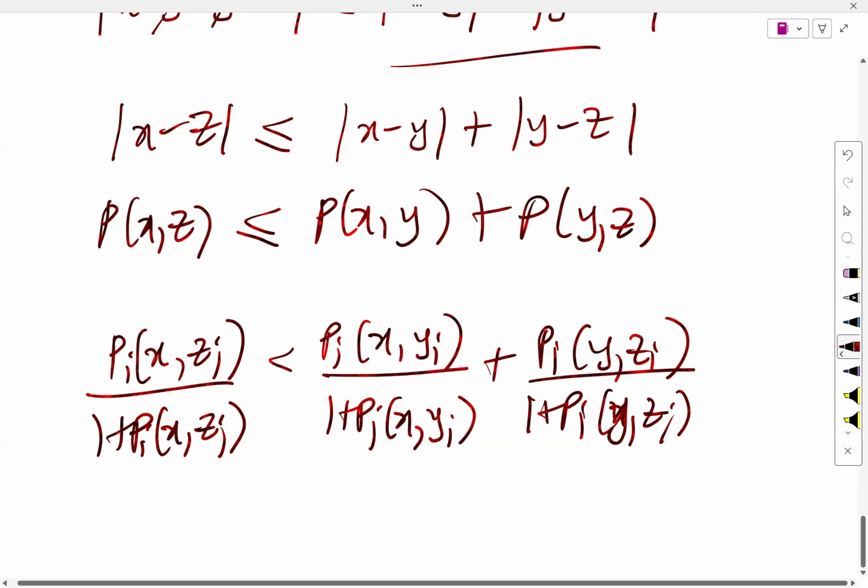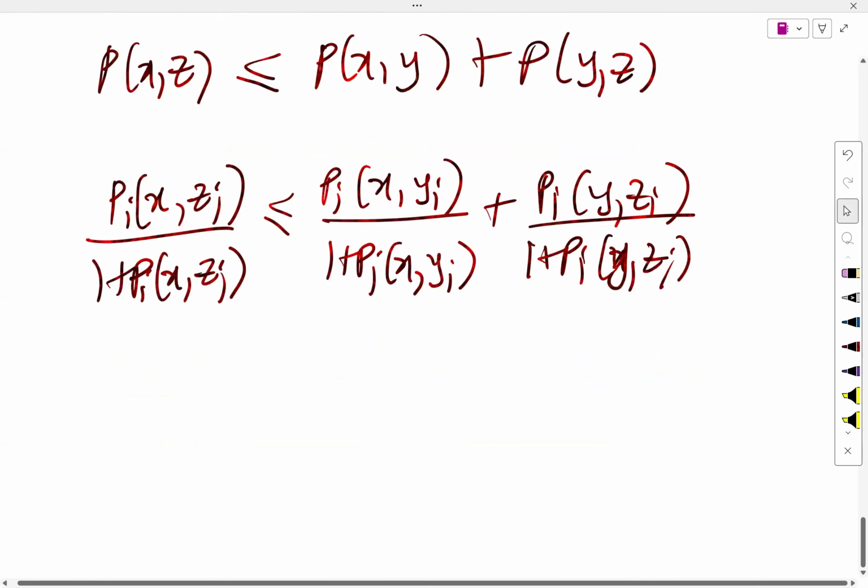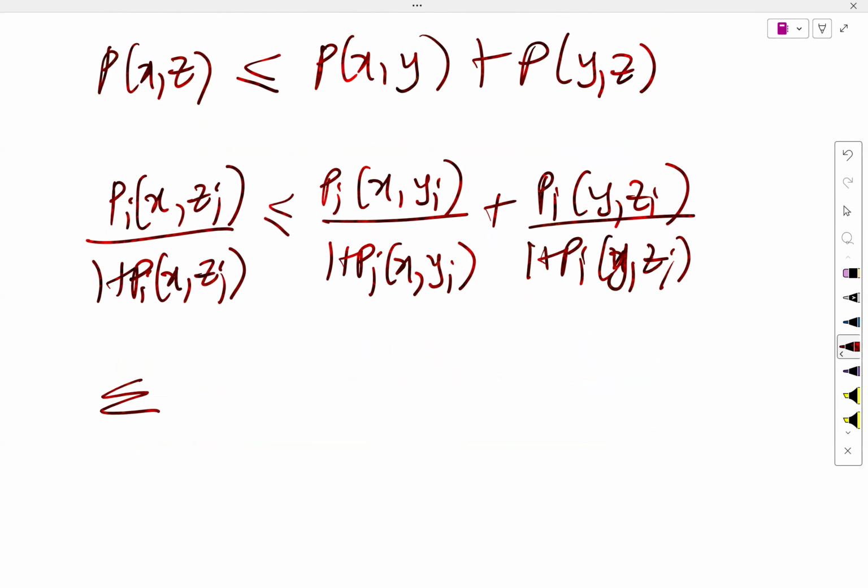Then even if we take the summation of each side, we have summation from i equals 1 to infinity of pi x comma zi all over, okay, before we even put the summation, we want to put all the 2i's.